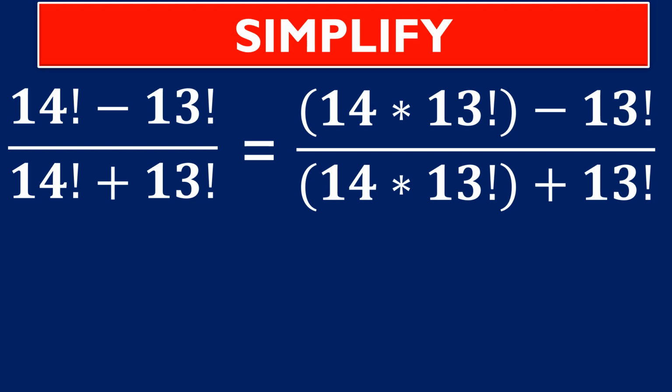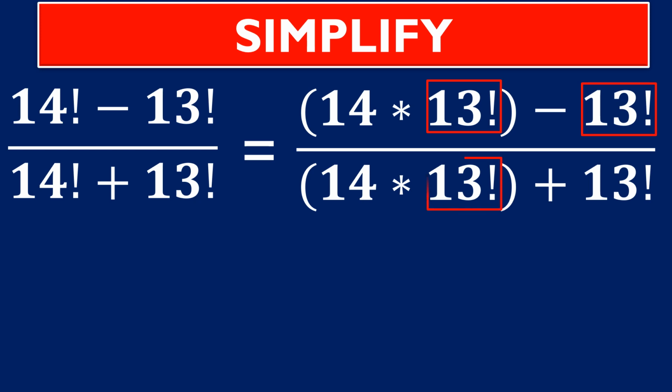Now if you look clearly at the numerator, you will see that 13 factorial is common on both sides. That is, on the right hand side of the subtraction there is a 13 factorial, and also on the left hand side of the subtraction there is a 13 factorial. This tells you and I that we can simply factorize that 13 factorial out of the numerator.